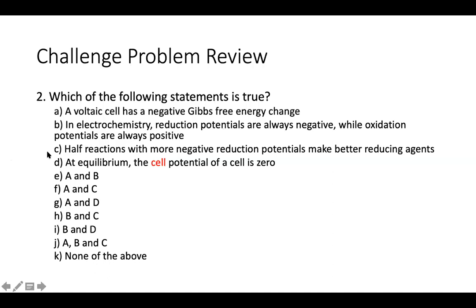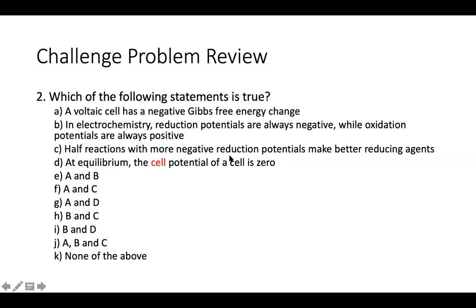C says half reactions with more negative reduction potentials make better reducing agents. This is really important for this statement: you need to understand your terminology. Reducing agents get oxidized. So when you're looking at your reduction potentials, if something's getting oxidized, you actually have to flip that half reaction and change the sign of the reduction potential.